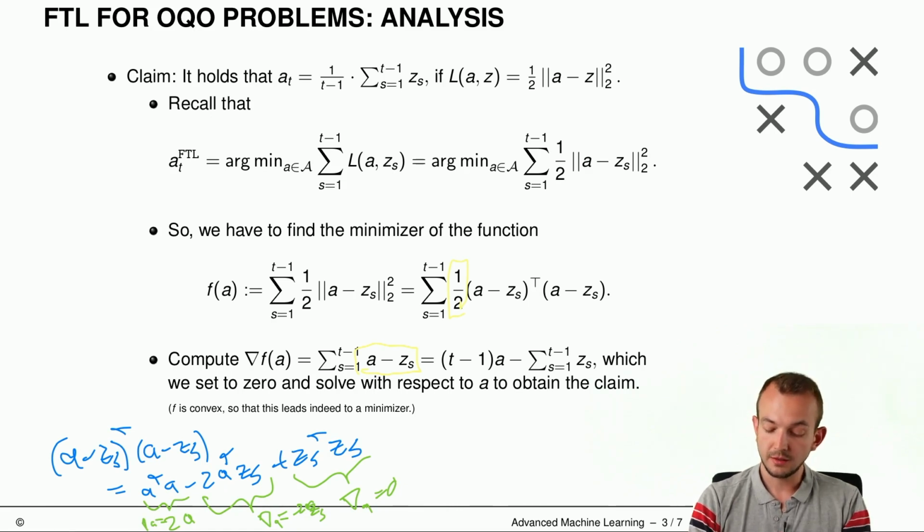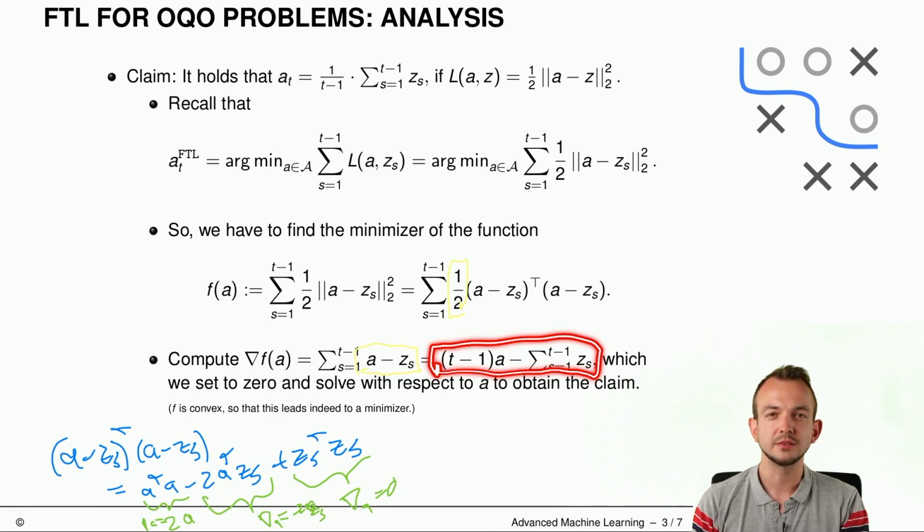All right, and then if we now set this gradient to 0 and solve with respect to a, this can be done by first rewriting the gradient as follows.